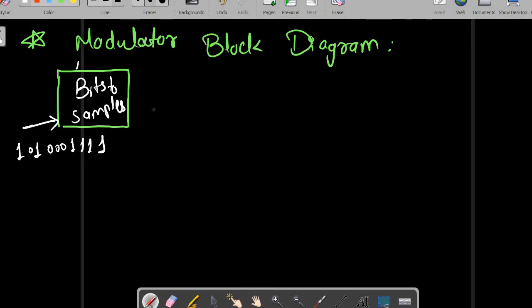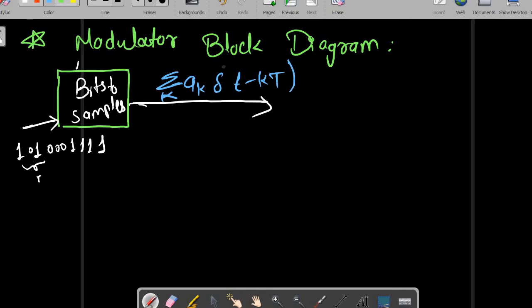So what is a sample? We will convert each symbol, and each sample will be represented by some number of bits. I am writing first, then I will explain, so bear with me for a few minutes. It is the summation of a_k delta(t minus kT).